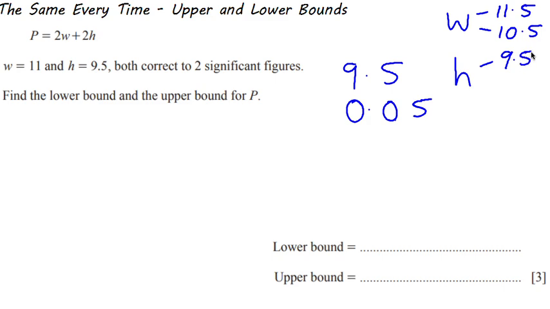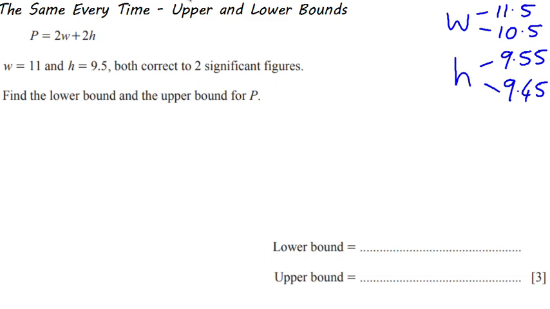That's going to give me 9.55. And to get the lower bound, I subtract 9.5 minus 0.05. It's always the subtraction that's a little bit trickier to do, I find. Anyway, that gives me 9.45. So my upper and lower bounds for H are 9.55 and 9.45.